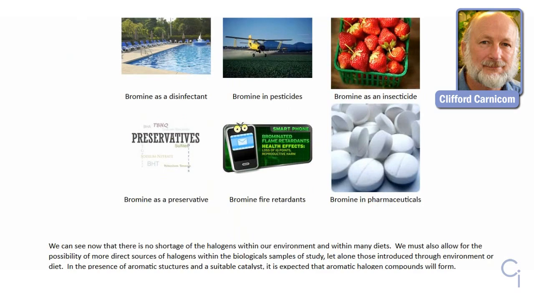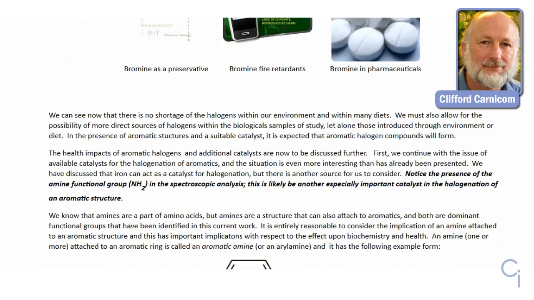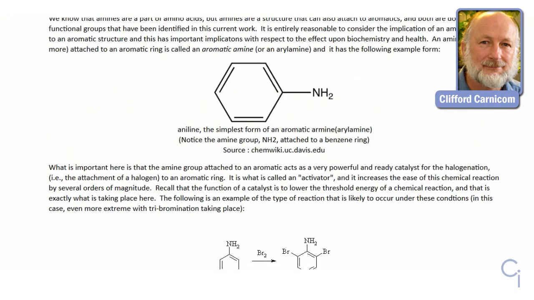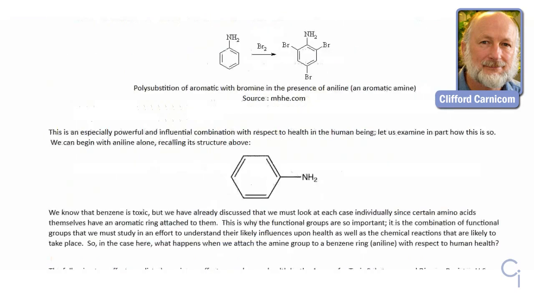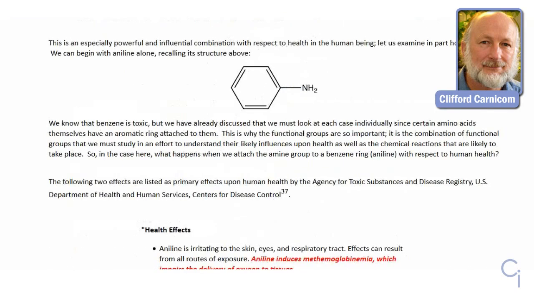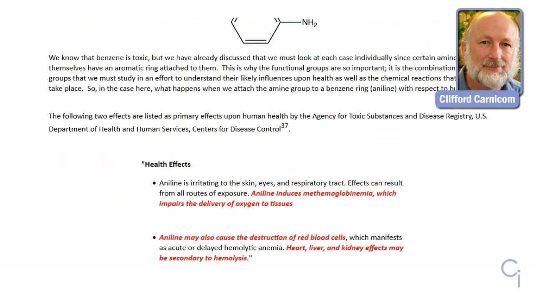We can now see that there is no shortage of the halogens within our environment and within many diets. And then, after we say it looks like there might be a source for them, then you can start asking about the health impacts of them. I'll just say in simple terms that halogens, other than iodine, are outright toxic to the body.